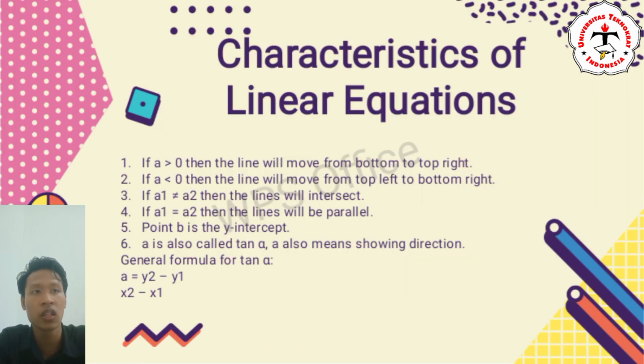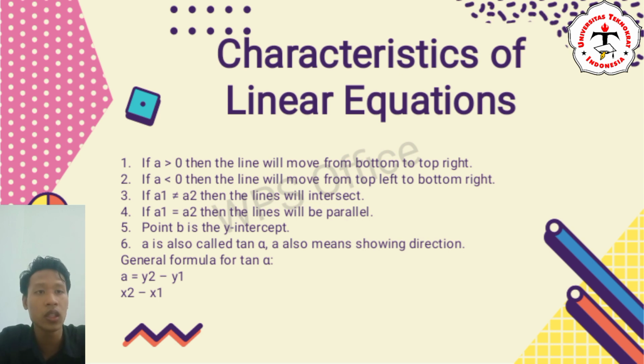Characteristics of the linear equation. First, if a is greater than 0, then the line will move from bottom left to top right. Second, if a is less than 0, then the line will move from top left to bottom right.